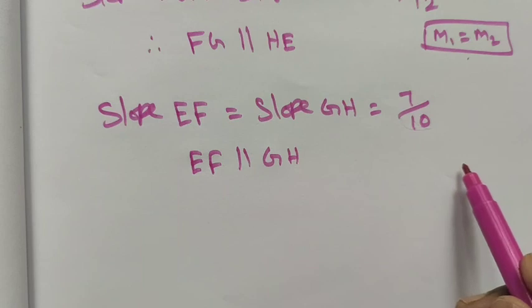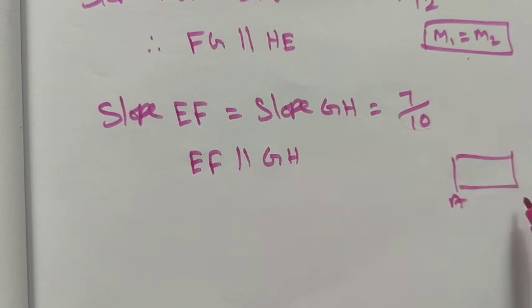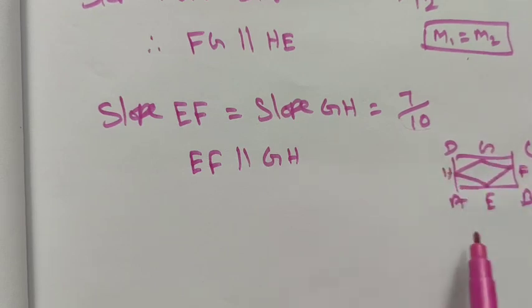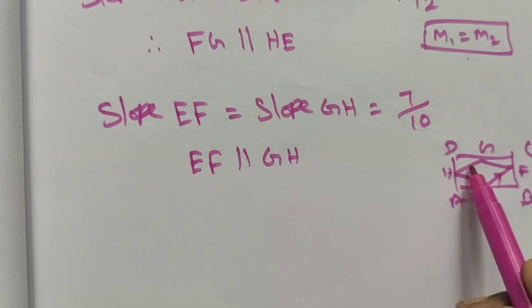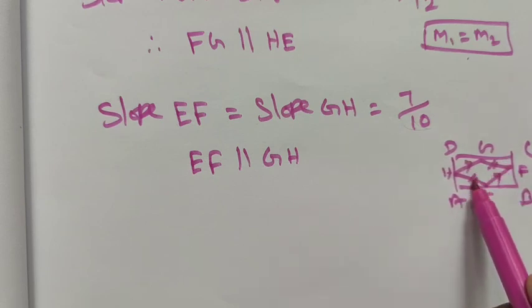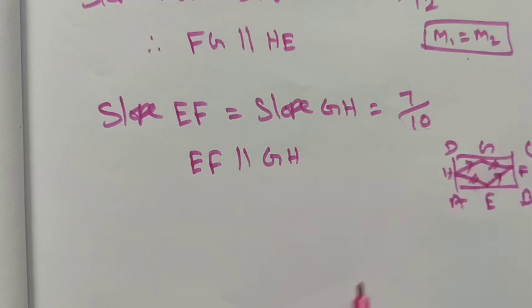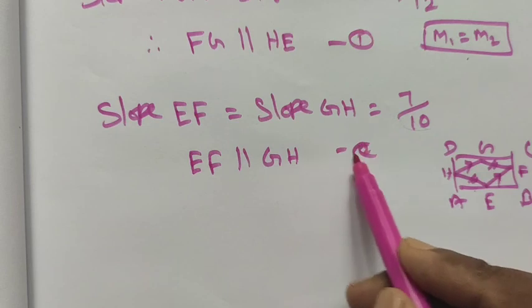We have ABCD, and the midpoints of its sides are E, F, G, H. Now EF is parallel to GH, and FG is parallel to HE, meaning opposite sides are parallel. Let me take this as equation number 1 and equation number 2.